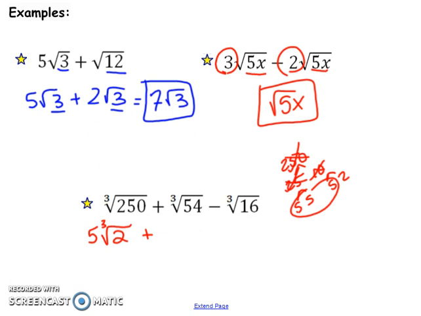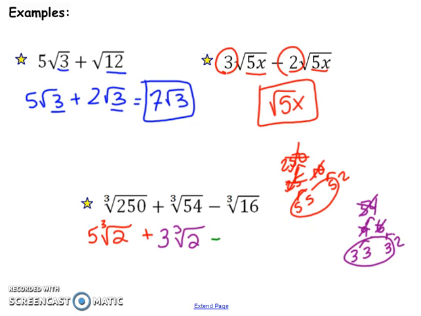54, we're going to break down. So 9 and 6, 3 and 3, 3 and 2. Again, we're looking for 3 of the same number. So there's 3 on the outside, cubed root of 2 on the inside. And then 16, do that over here.